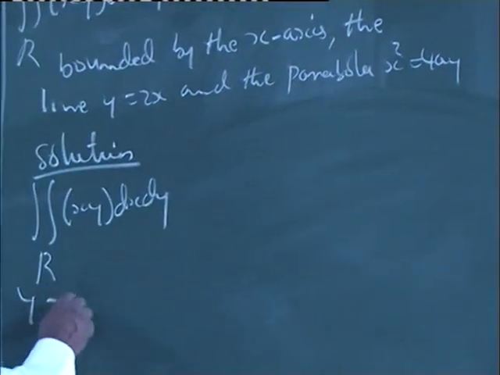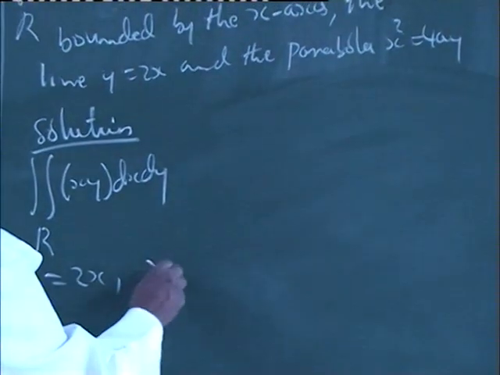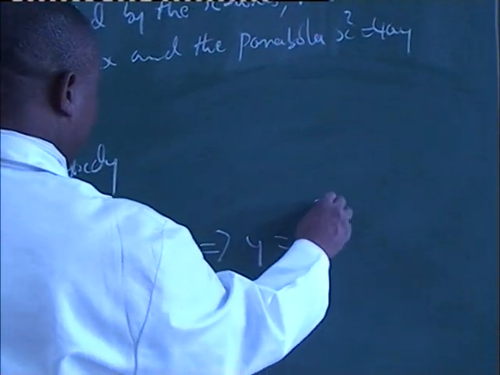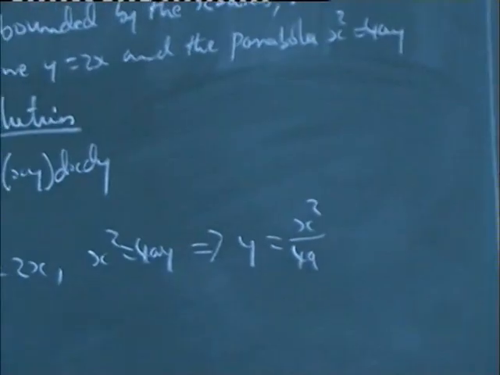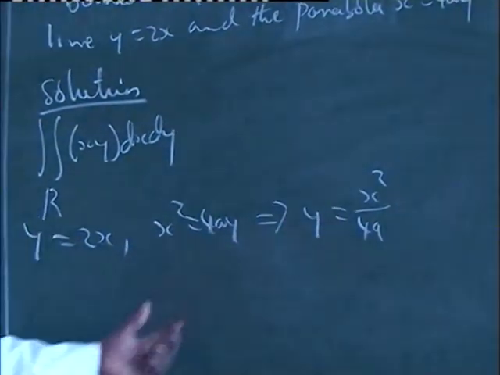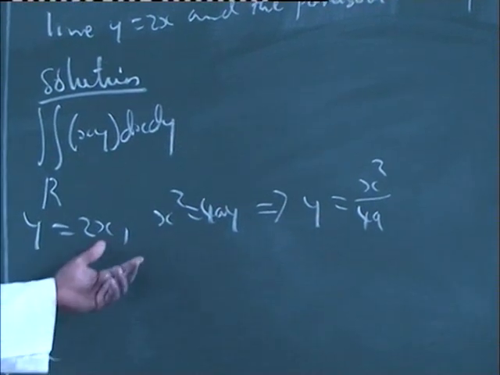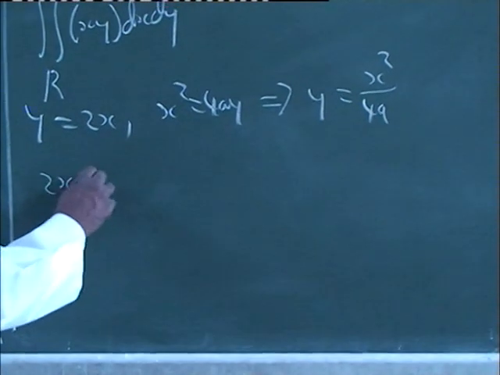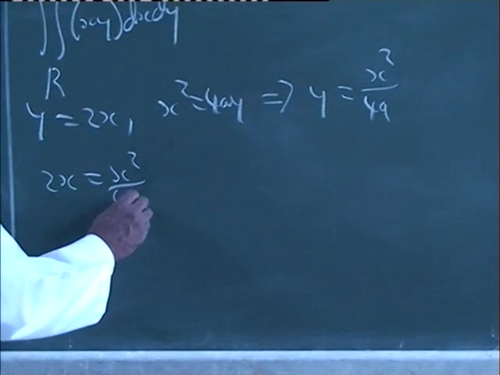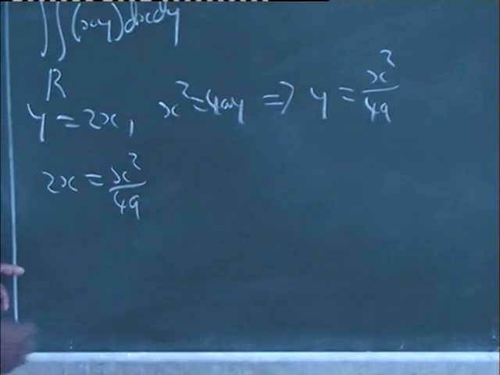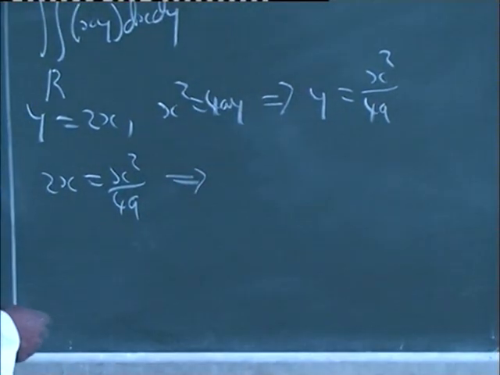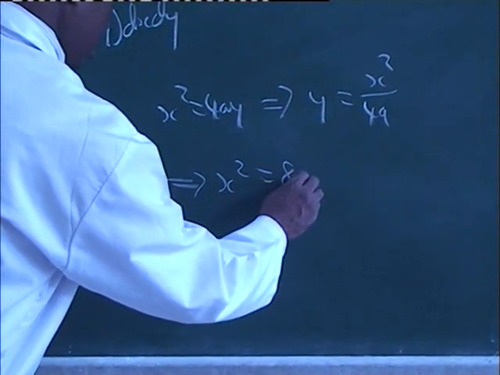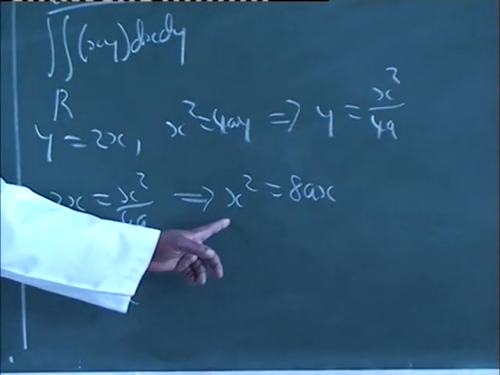From x squared is equal to 4ay, it implies that y is equal to x squared over 4a. So that is the limit for y. Then for x, we can equate these values and solve for x. So that means 2x will be equal to x squared over 4a, and that would imply that x squared is equal to 8ax.